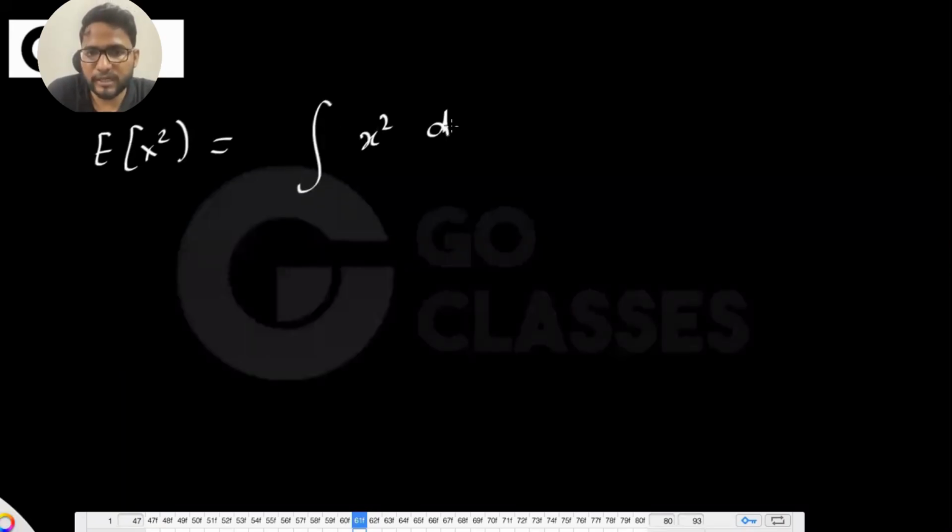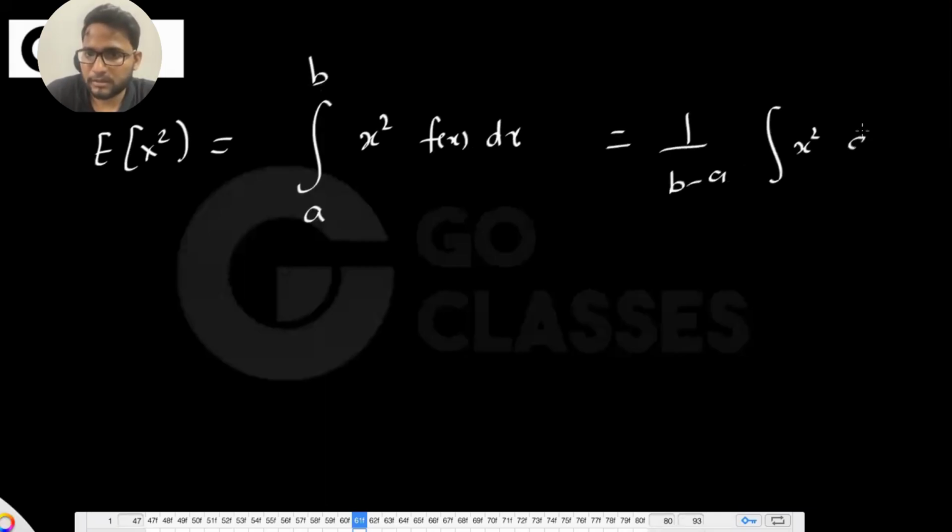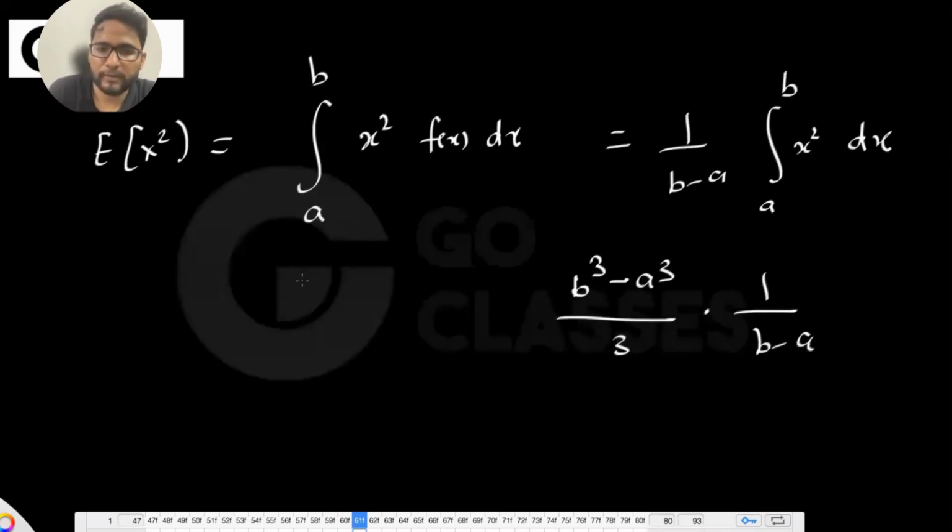So it is x square fx dx. Expectation of x square is the integral of x square fx dx from A to B, where fx is 1 upon B minus A, times x square dx from A to B. This is x cube by 3, and then this is b cube minus a cube by 3 into 1 upon b minus a.